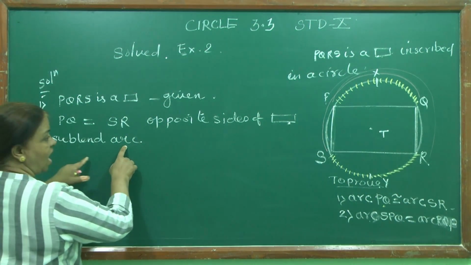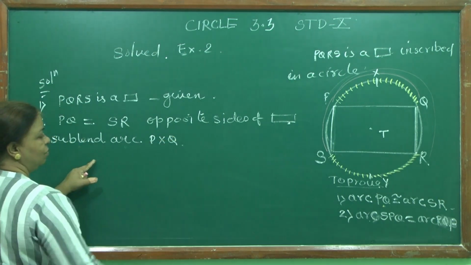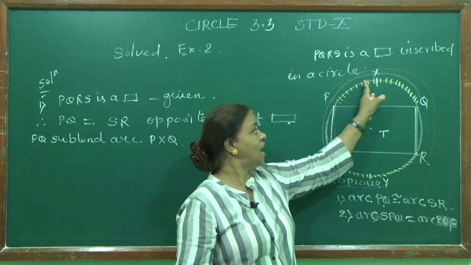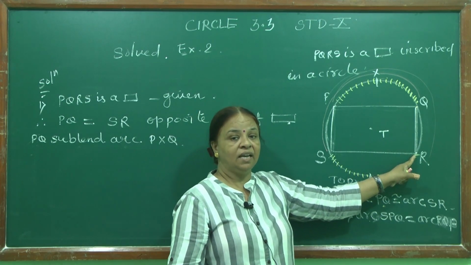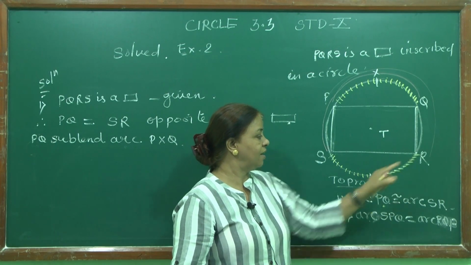PQ subtends arc PXQ. Can you understand this? PQ side is subtending the arc PXQ and SR side is subtending the arc SYR.